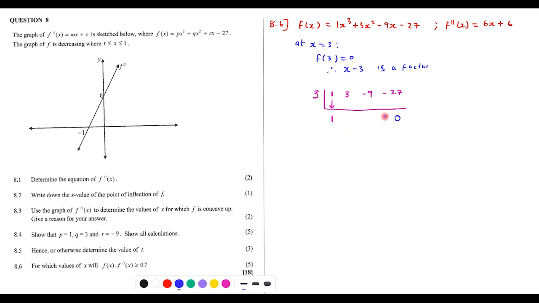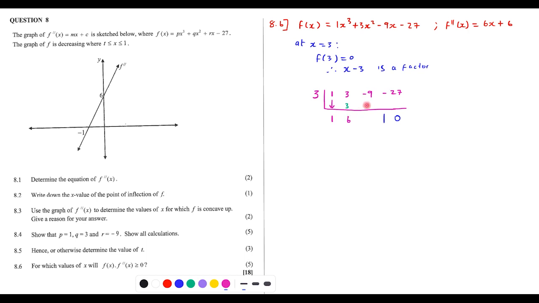You take this number and multiply it. So you say 3 times 1, which is 3, and then we add these, which is 3 plus 3, and there's going to be 6. Then we say 3 times 6 again, which is 18, right?